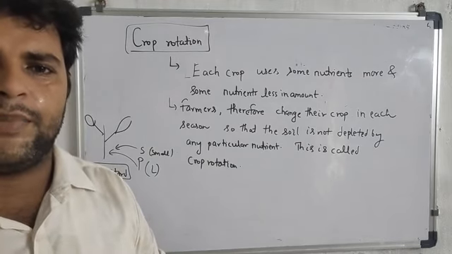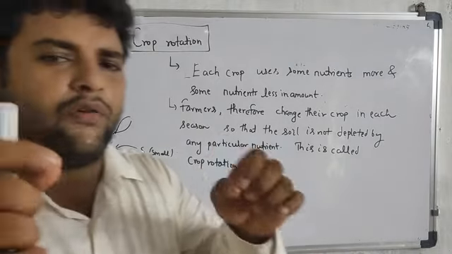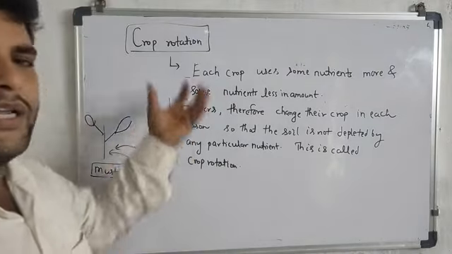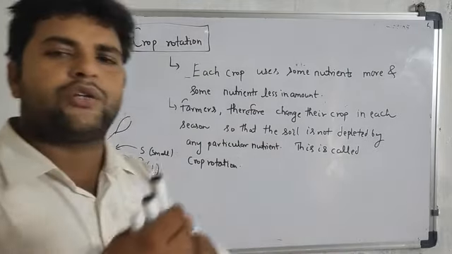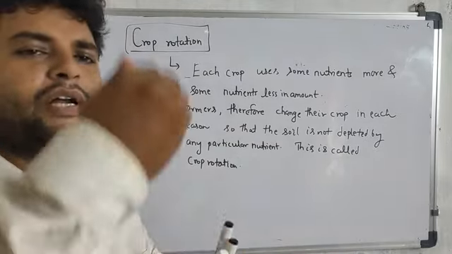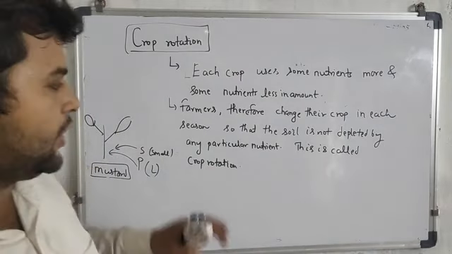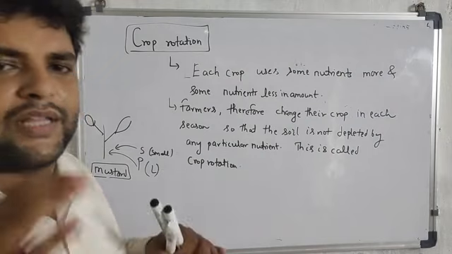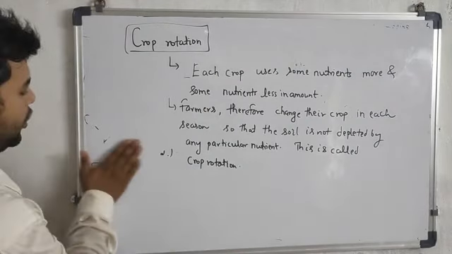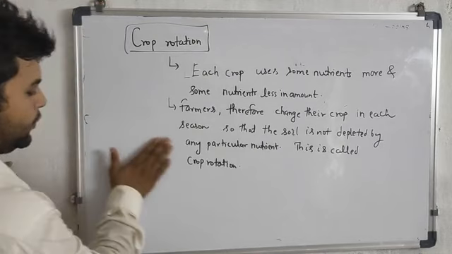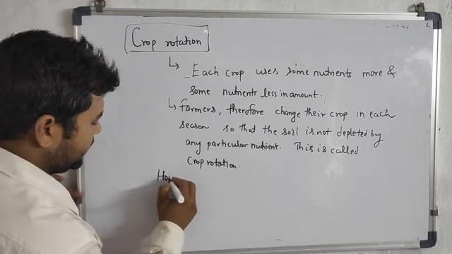So ultimately the productivity will fall. So in order to avoid this condition, farmers apply crop rotation where they change their crop one after another, so that there will be no depletion of particular nutrients. So this pattern is known as what? Crop rotation.